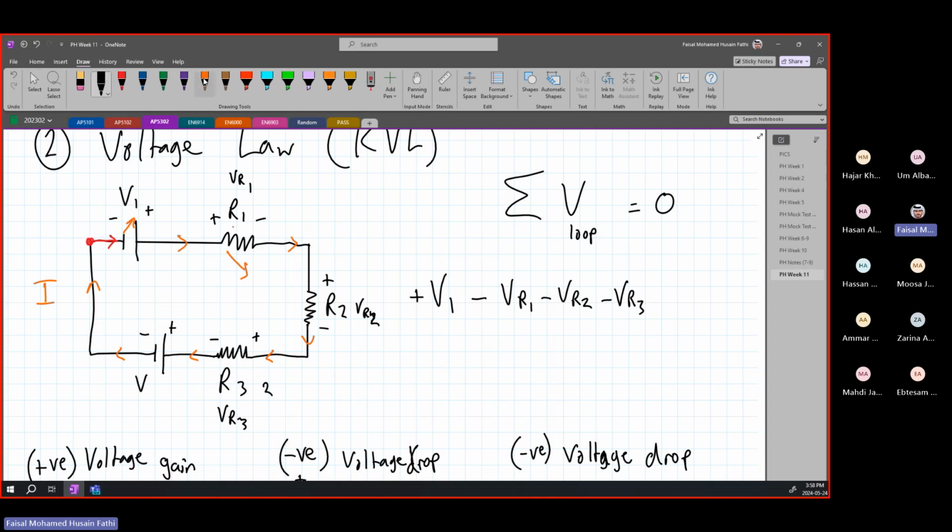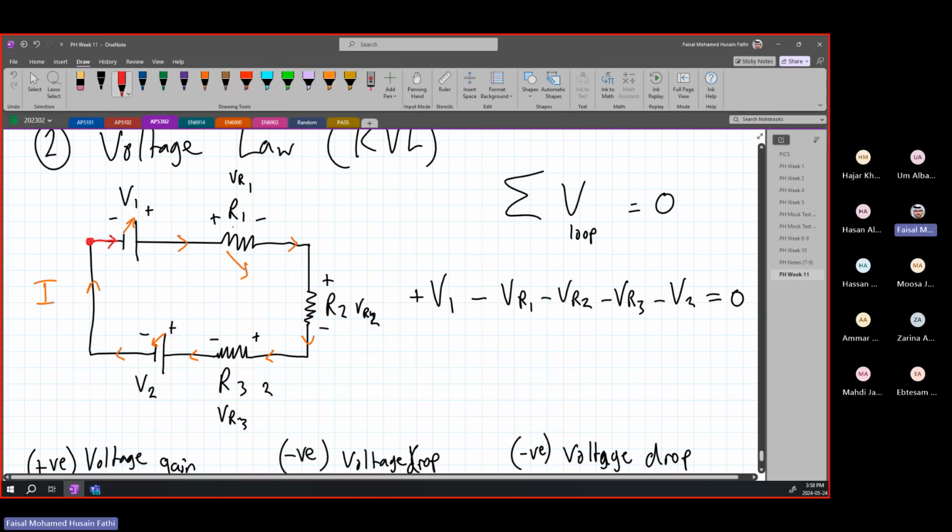Now we are coming to another source, another voltage source. The current is going from plus to minus. It is going downwards, so it is negative. When it goes from plus to minus, it's falling. It's a voltage drop. So it's going to be minus V2. This is V2. And this is all going to be equal to 0 because now we reached this point and we came back and we closed our loop.